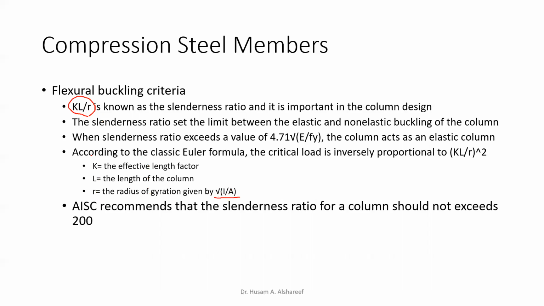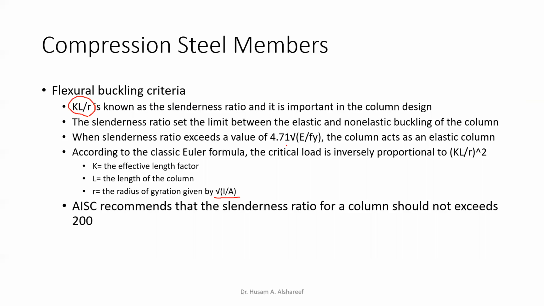So why do you need to find the slenderness ratio? Because if the slenderness ratio, which is the value from here, is greater than 4.71 times the radical of the modulus of elasticity over Fy, then your column is elastic. If the value of the slenderness ratio is less than this value, then your column is inelastic.